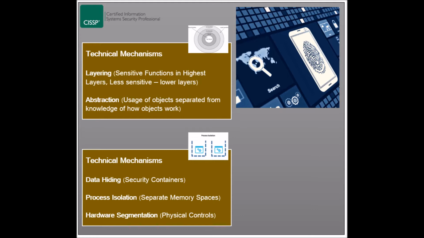The operating system implements this mechanism by implementing virtual machines per user or per process, where each user or process has its own processing environment. Finally, the hardware segmentation mechanism controls access to information by using physical hardware controls, but this mechanism is mostly implemented when cost and complexity are not an issue to the organization, where protecting the data is of extreme importance.